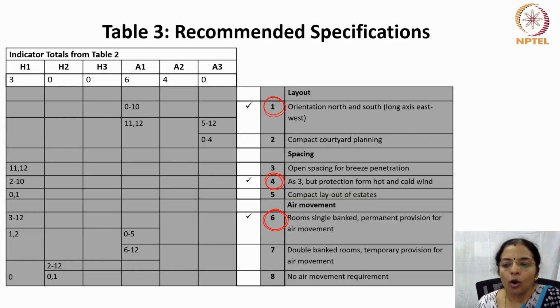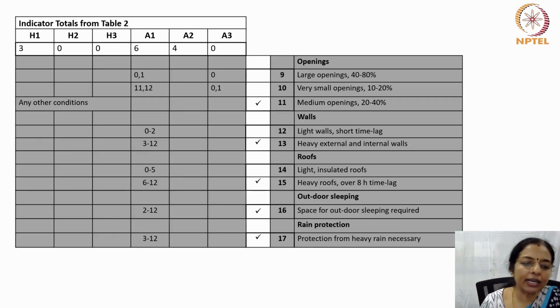Also it says that rooms should be single bank with permanent provision for air movement. Then when it comes to openings, we look at having medium openings of 20 to 40%. Walls must be heavy, external and internal. Roof must be heavy with 8 hours time lag, and we should have space for outdoor sleeping. Also protection from heavy rain is necessary. That is what this diagnostic says.